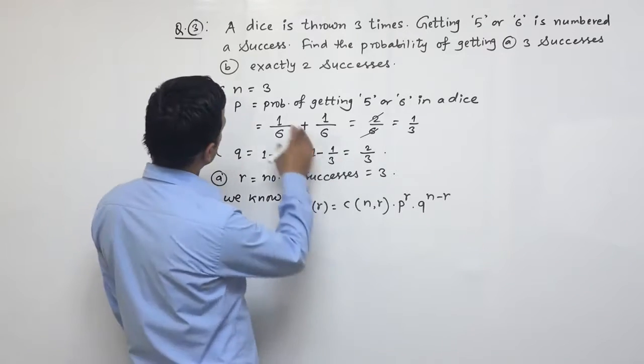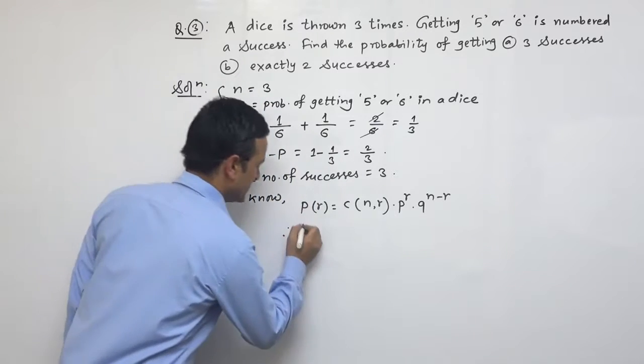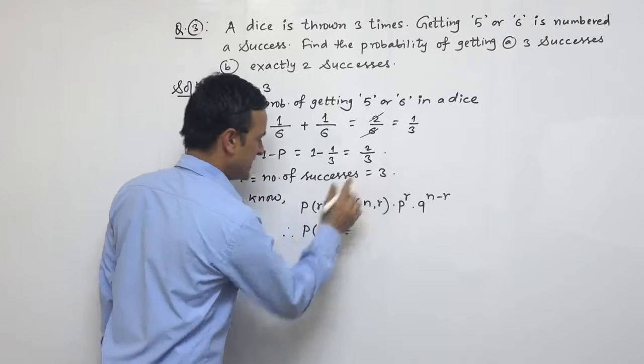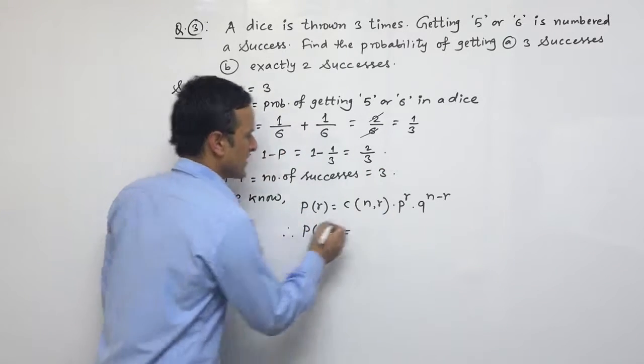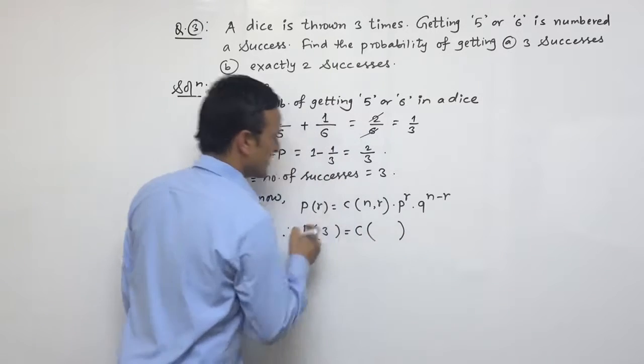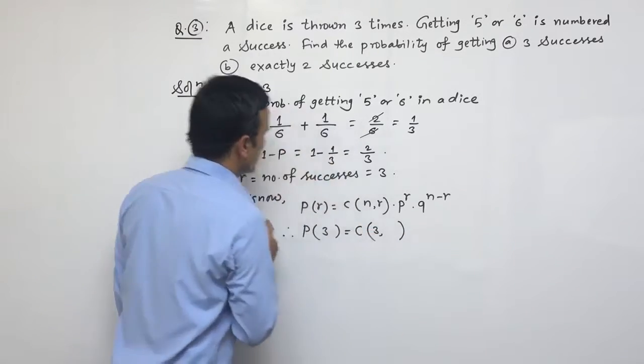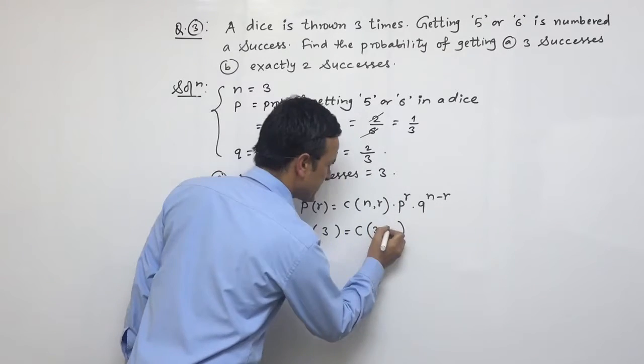So write down the values of N, P and Q over here. The value of R is 3, so write down 3. The C is the same. Here is N. The value of N is 3. And the value of R is 3.